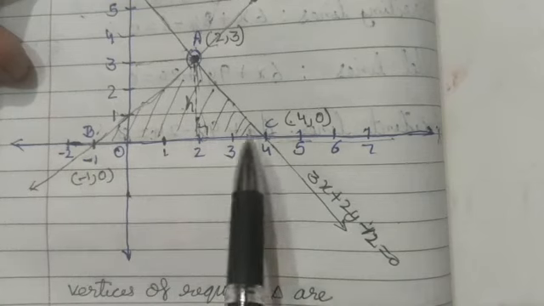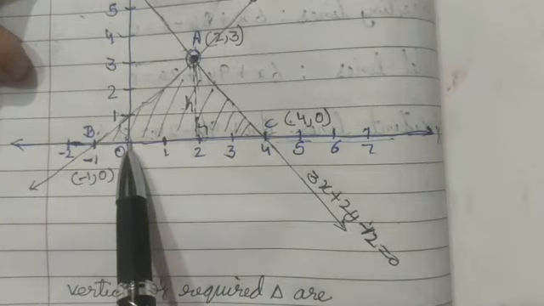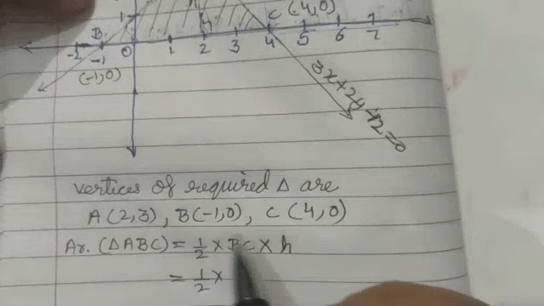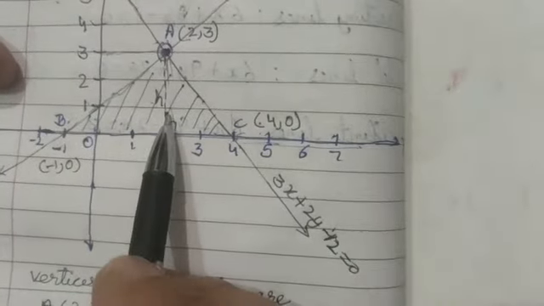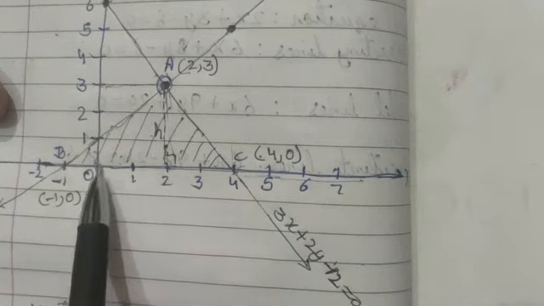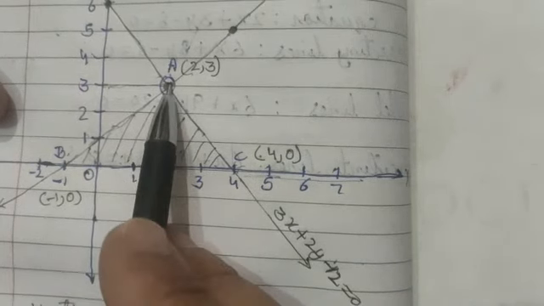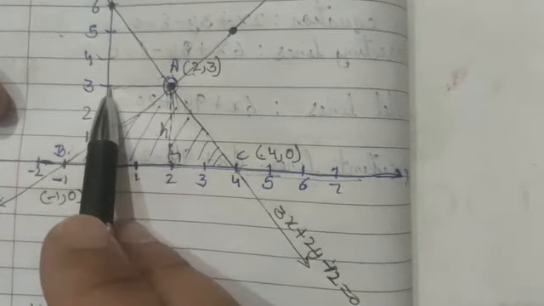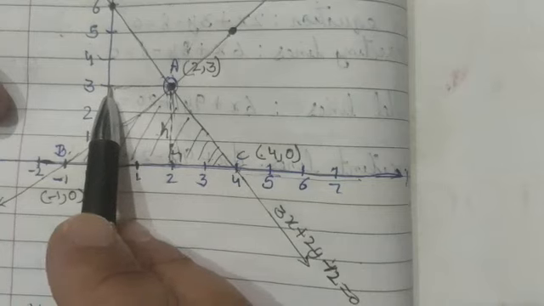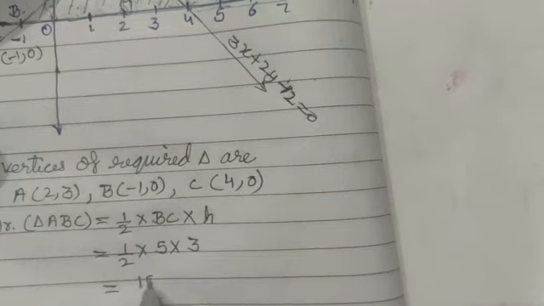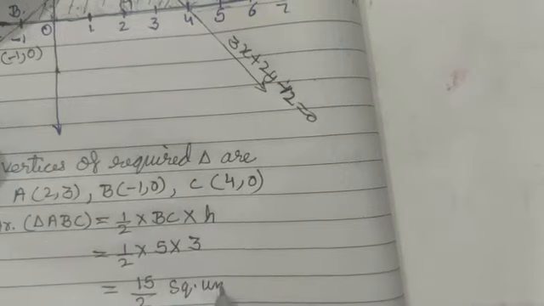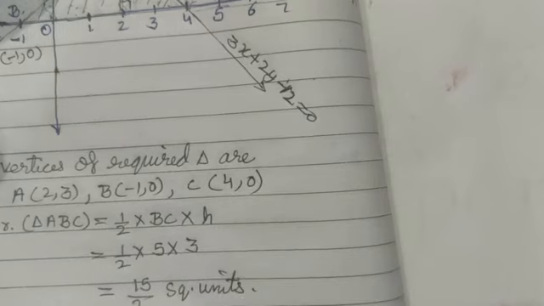Now from minus 1 to 4 it will be 5 units. So this BC is 5 units, and h is 3, so the area will be 15 by 2 square units. Thank you.